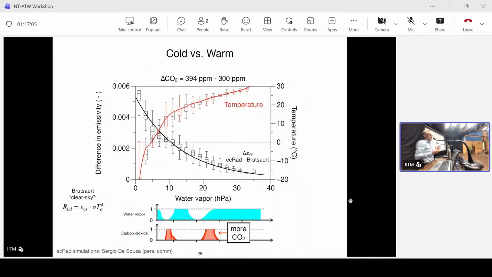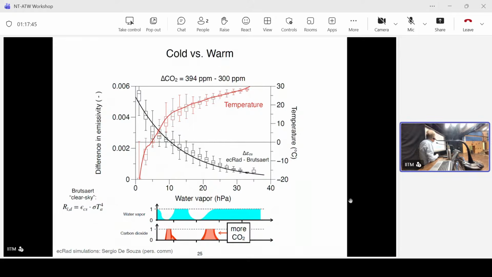But this is something that we are still exploring. This is work in progress. So I'm also showing you here a sort of personal communication, work in progress graph that I want to show you because I think it substantiates this, at least qualitatively. And as I said, we are working on this. Together with Sergio, we did simulations with the radiative transfer model ECRAD, that's the radiative transfer code of the ERA5 reanalysis.